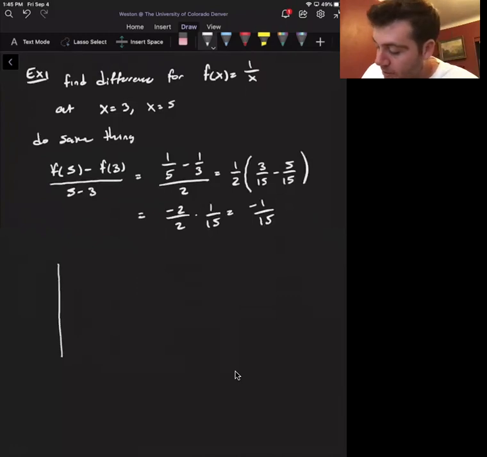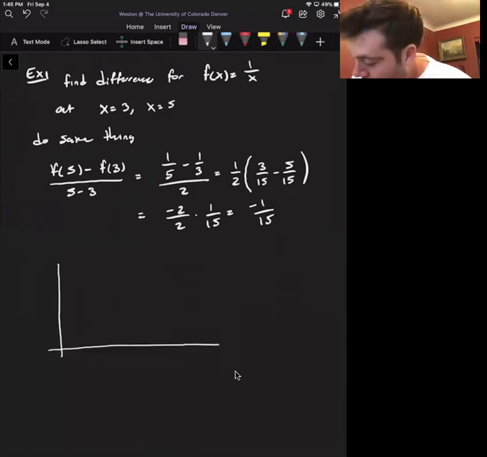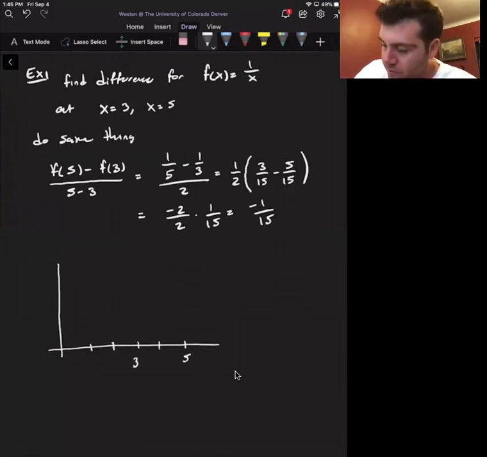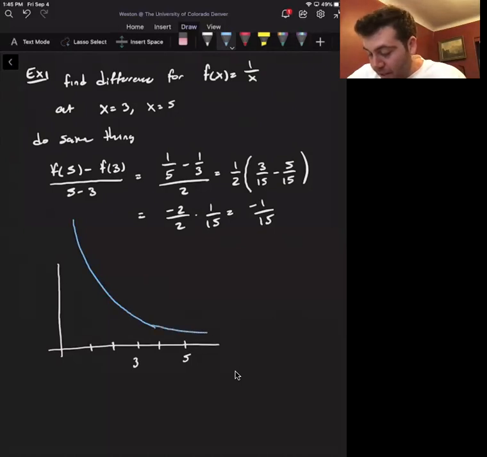We can draw a graph to actually see that looks reasonable. It's 1, 2, 5, there's 3. Our graph looks something like this.